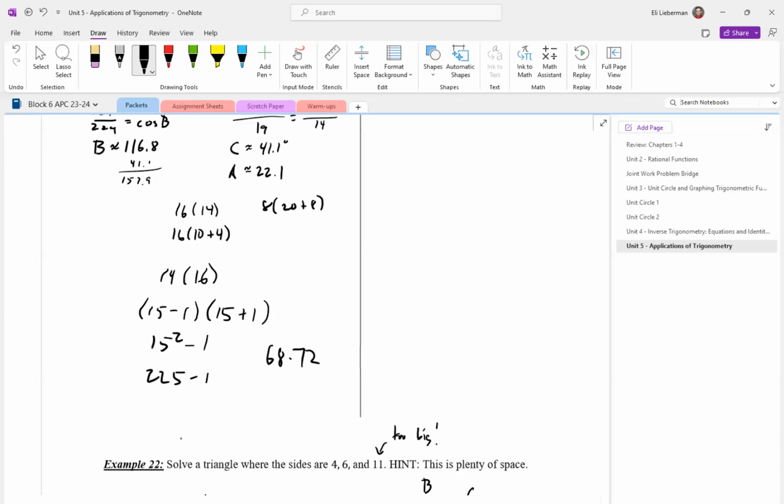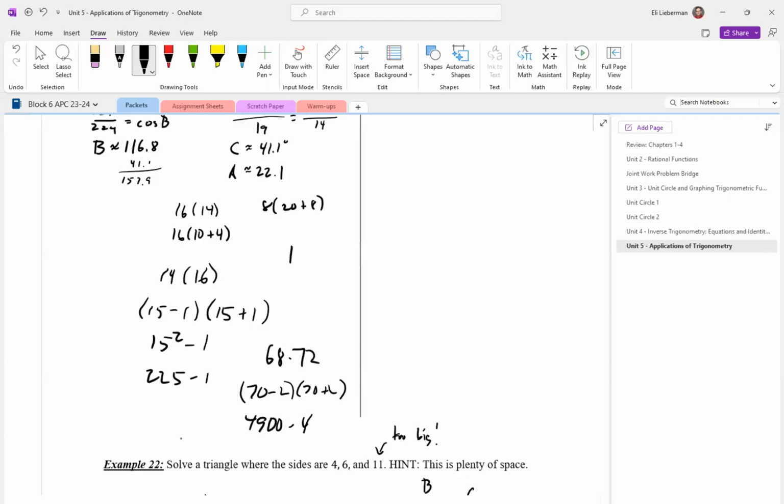This is 70 minus 2 times 70 plus 2, right? So it's like 4,900 minus 4. I think you could do that in your head. 4,896. It works for everything.